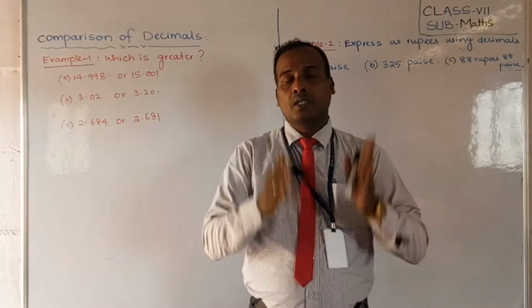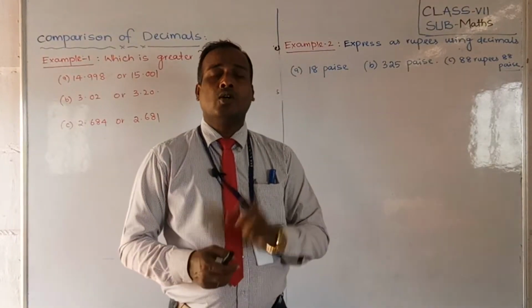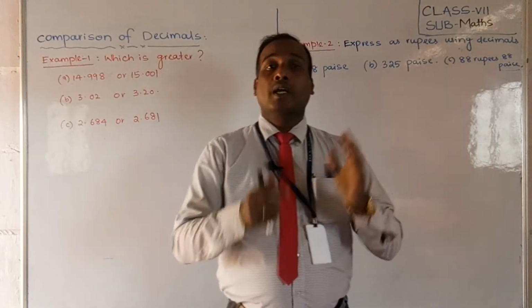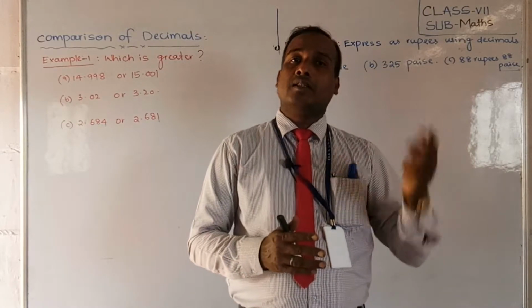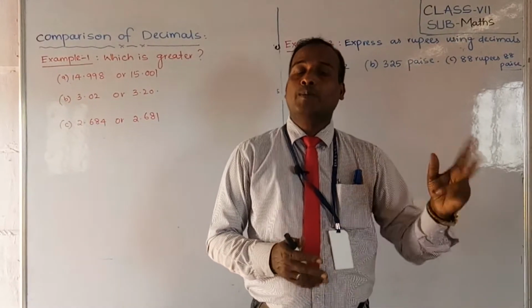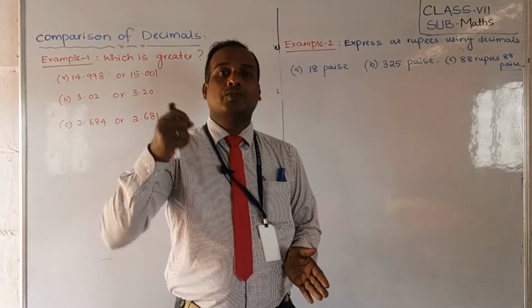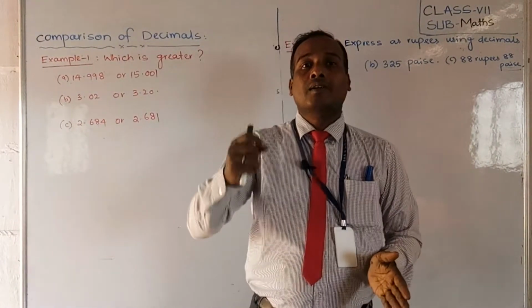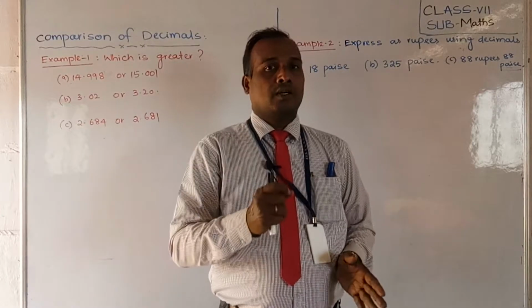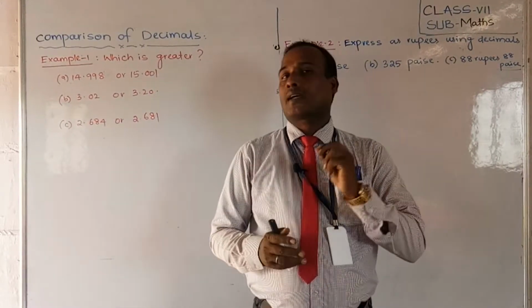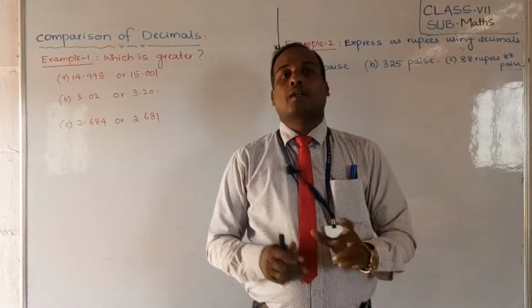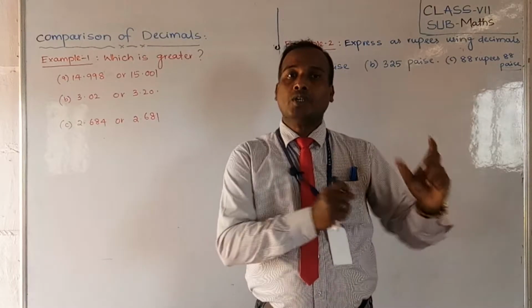Did you understand, friends? First compare the whole part of the decimal numbers. The one with the greater whole part is the greater decimal number. If both whole parts are the same, then go to the second step and compare the 10th place. Did you understand? What do you do first? Compare the whole parts of the two decimals.